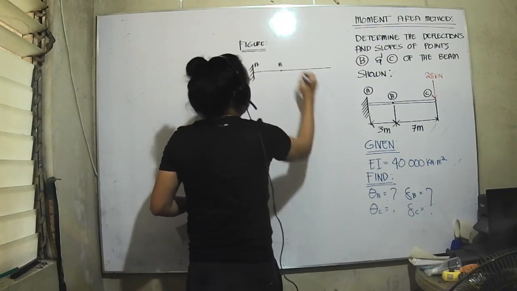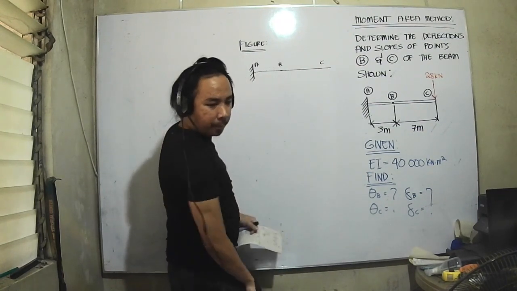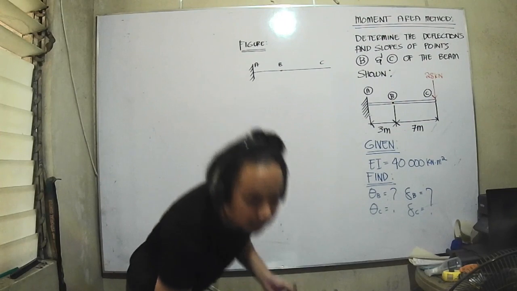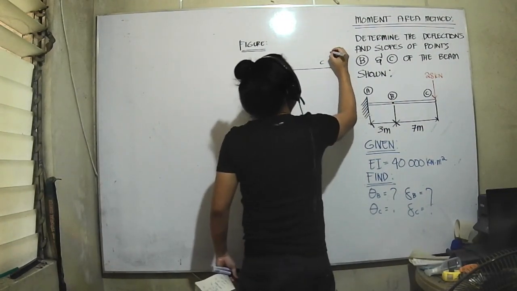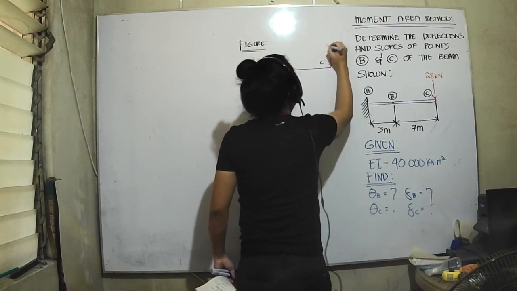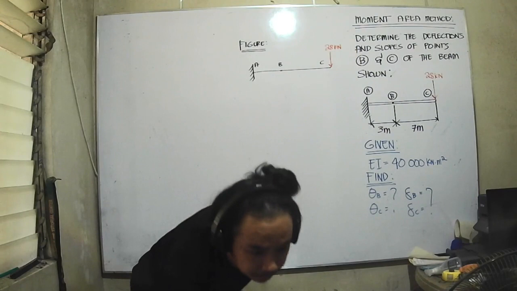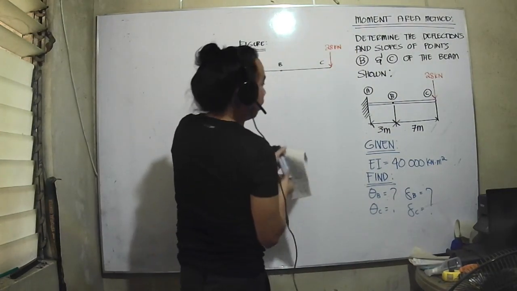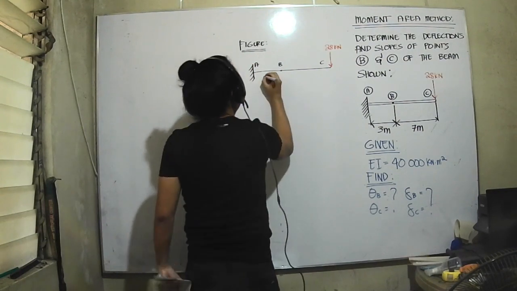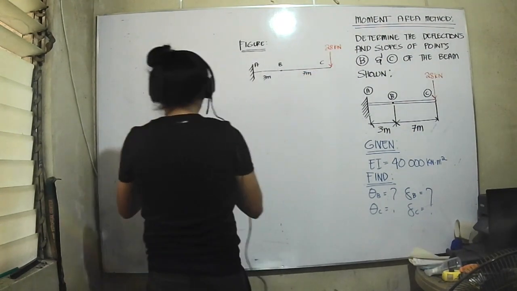A, B, and C. I hope it's clear there. There's a load at the end, that is a 28 kilonewton concentrated load. This is 3 meters and then 7 meters on the other side.